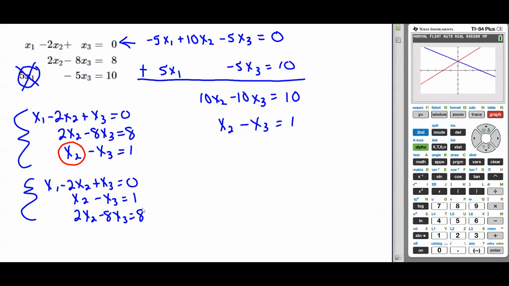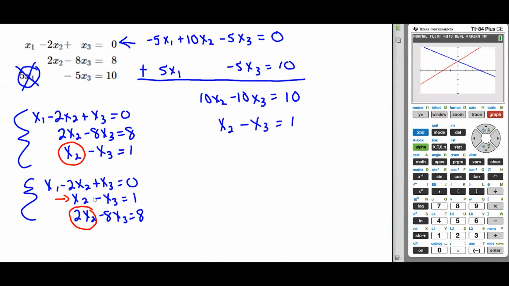It doesn't really matter what order these are in, but now I still want to eliminate the x2 from the third equation. And I'm going to use the second equation to do that, right?